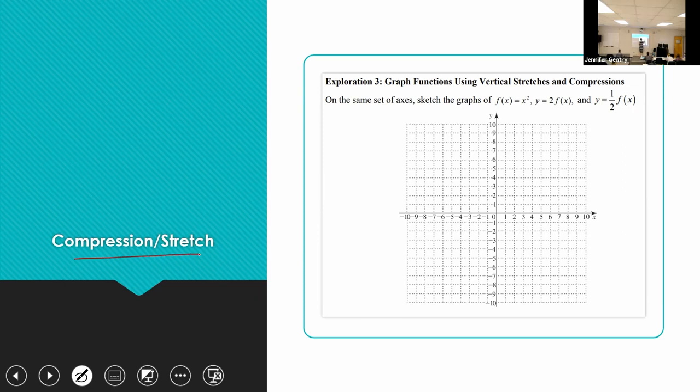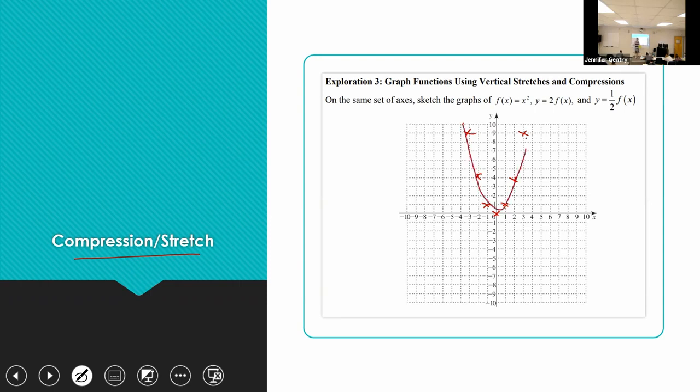Now, the first one it wants to do is 2 times that. If I say 2 times my y, and my y is 0, what is 2 times 0? 0.